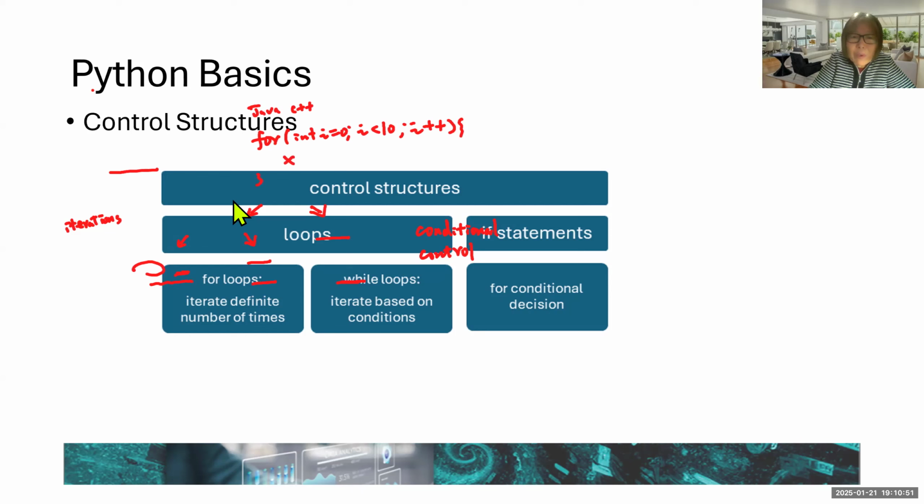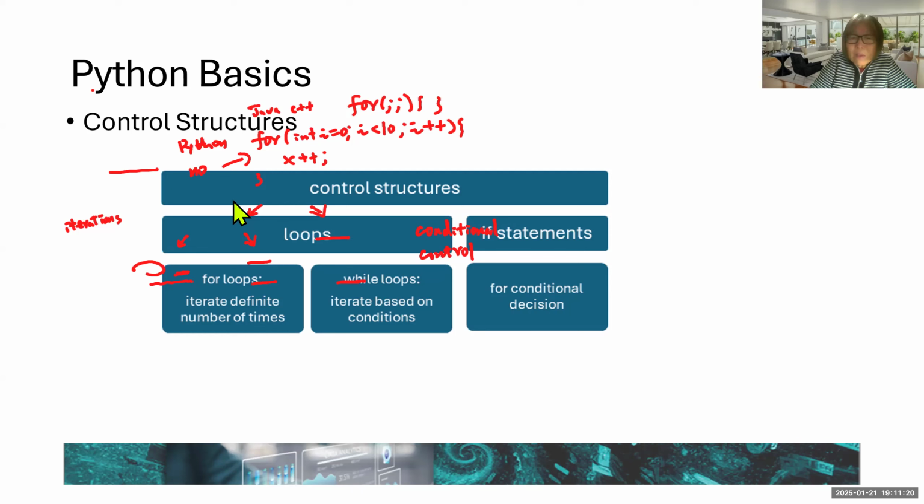Suppose you do X plus plus, something like this. This kind of for loop, generally we start. And even for this kind of for, you can do a forever loop. So then that's considered as a forever loop. So in Python, we don't have such a loop. So no such kind of loop.